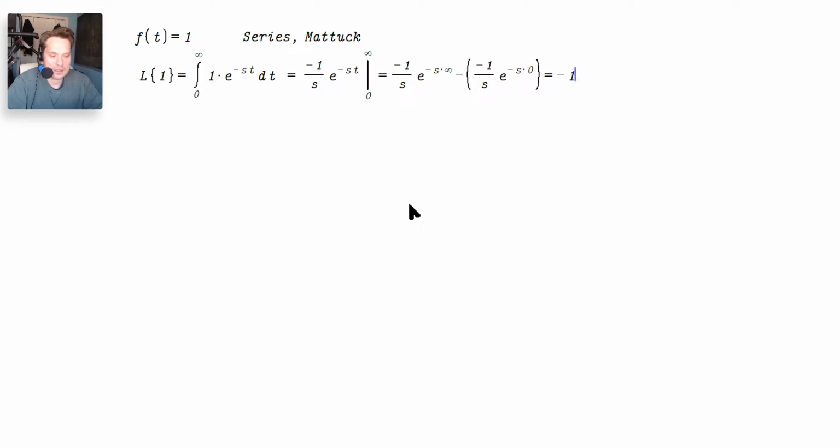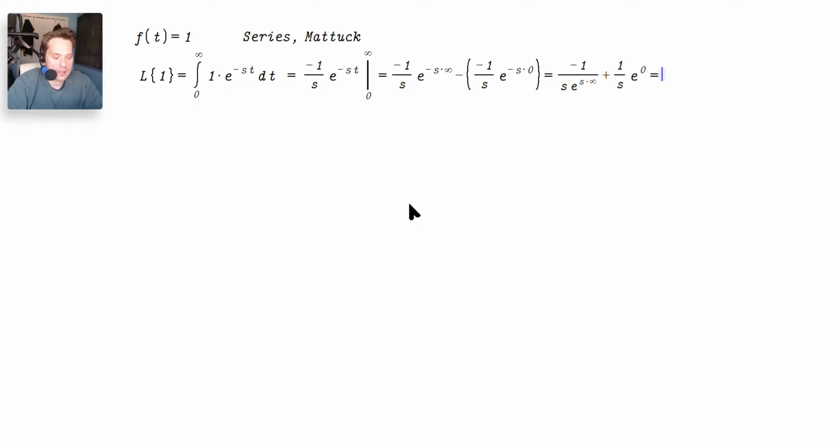So with this in place, you continue. It's going to be negative 1 over s, and then e to the negative s times infinity, so you're going to have e to the s times infinity in the bottom, and then plus 1 over s, since e to the negative s times 0 is just e to the 0.